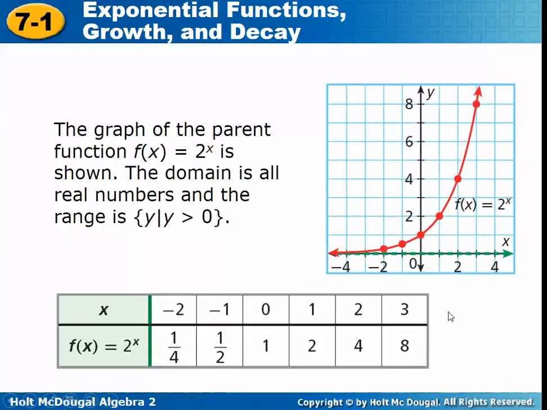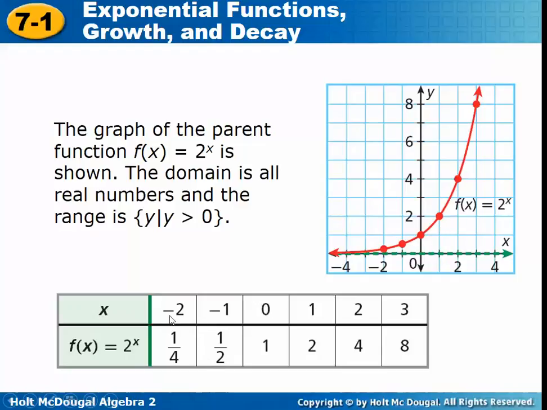Here's an example of a graph of an exponential function. This is the graph of f of x equals 2 to the x power. So if we took 2 to the x power and graphed it, we would get this graph here. You could find that by using technology or by plotting points.